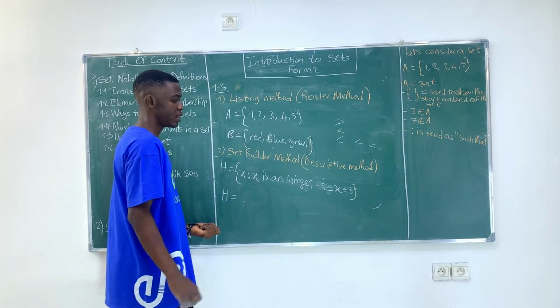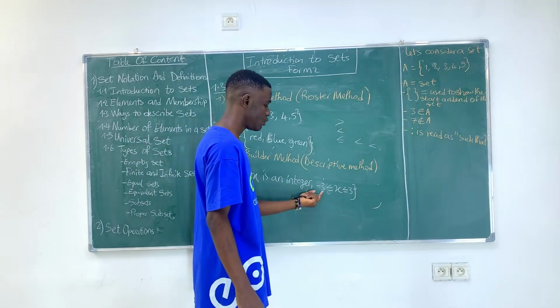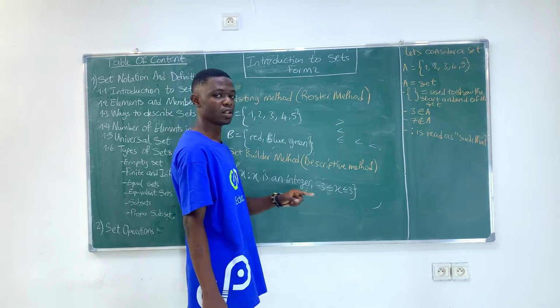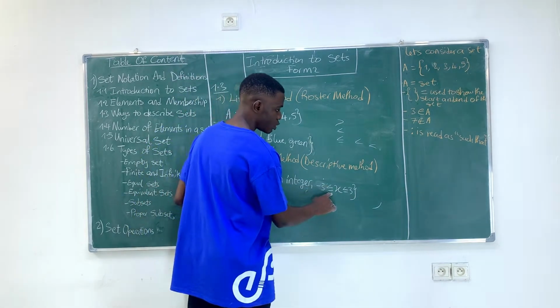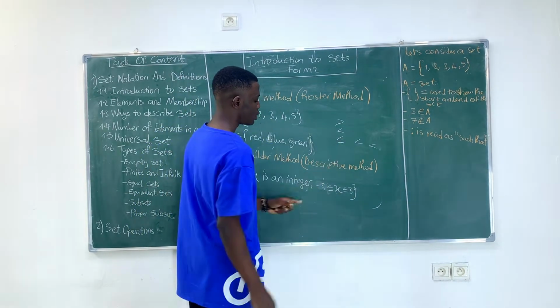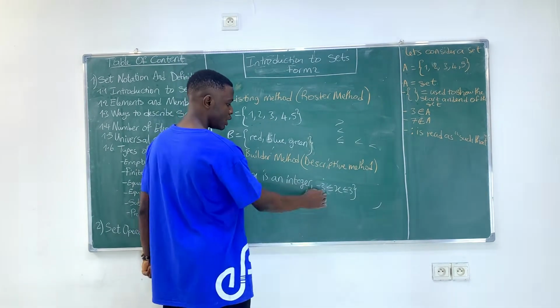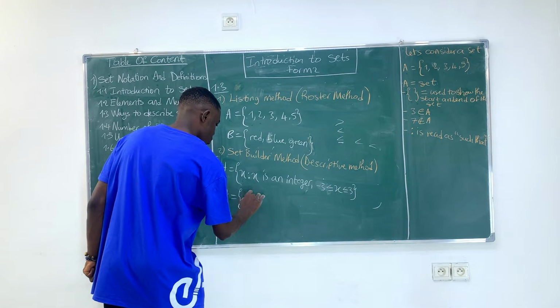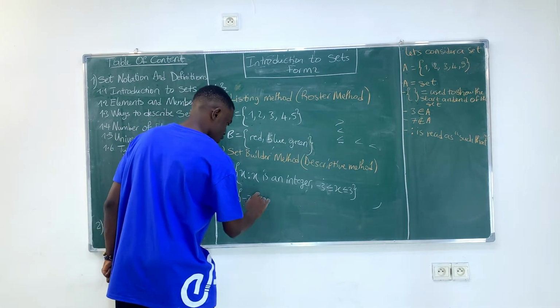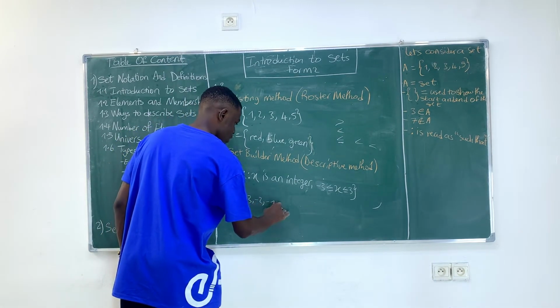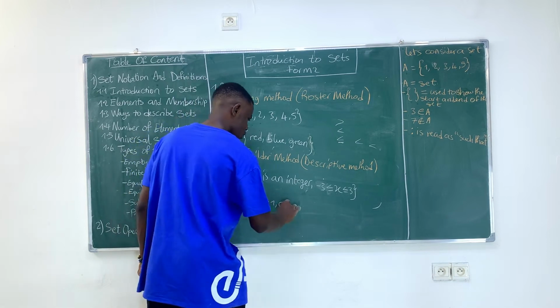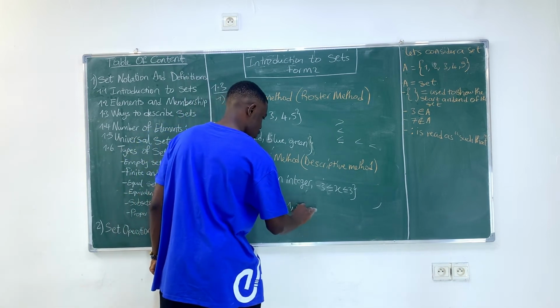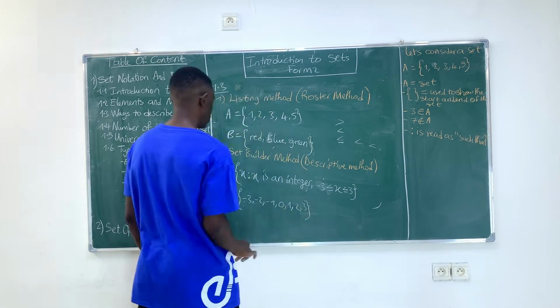They said you should start from -3 and end at 3. See that here we have less than or equal to, with the equal to sign under. It means you include -3 when writing it. So you will put here -3, -2, -1, 0, 1, 2, and 3.